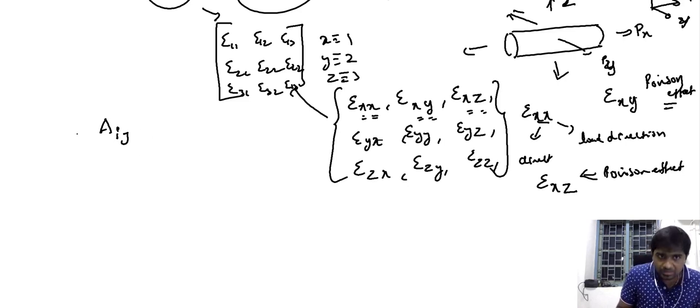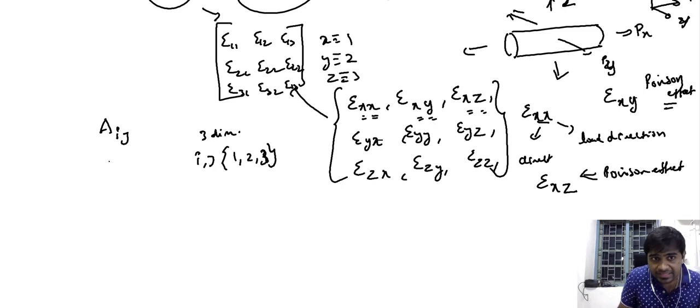We have assigned that these indices indicate the axis of the coordinate system, and since we have restricted ourselves to three-dimensional coordinate systems, there are three values each index can assume. So when we represent this in the form of a matrix, we will have 9 different entities.